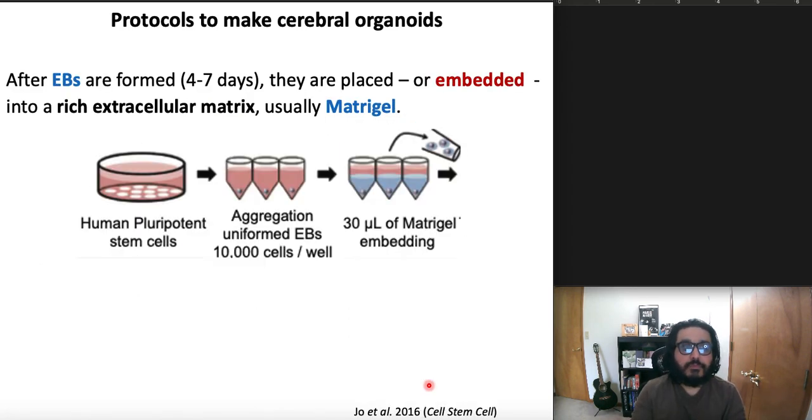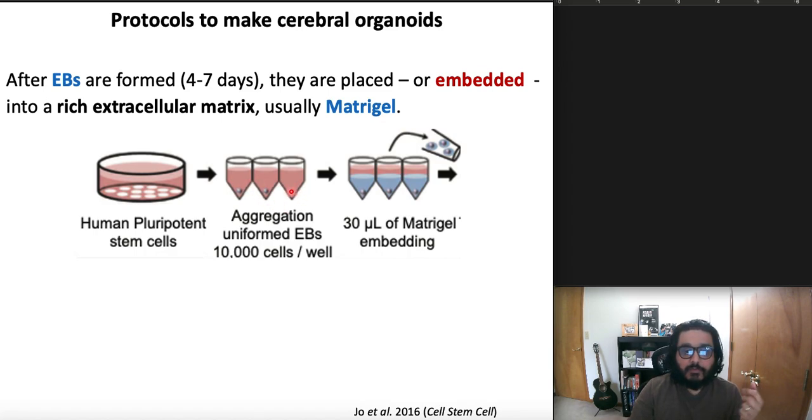Okay. So after the EBs are formed, which takes about 4 to 7 days in culture. So again, here we have our 2D stem cells. Then we dissociate them, put them into another flask, and have individual stem cells here that then will continue to divide and form our first sphere-like structure called the embryoid body here.